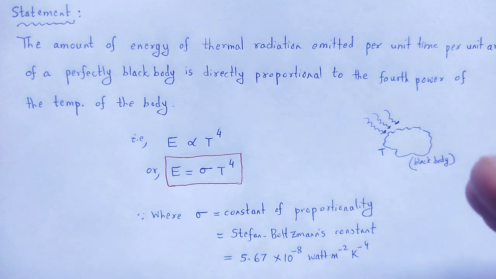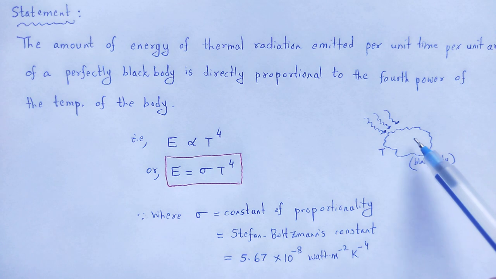From the previous video, as we discussed in case of Kirchhoff's law of radiation, good emitters are good absorbers. Since it absorbs all the thermal radiations, it also emits thermal radiations.